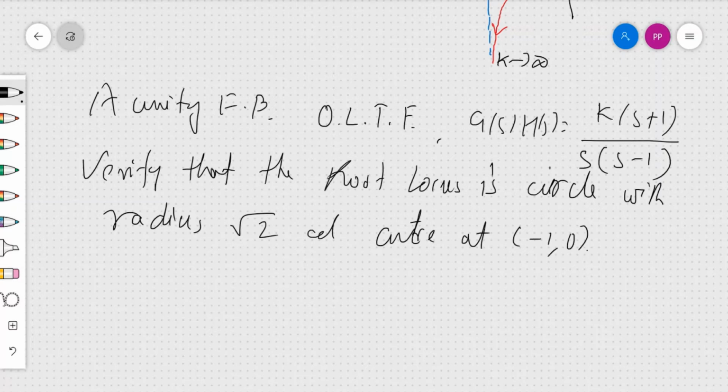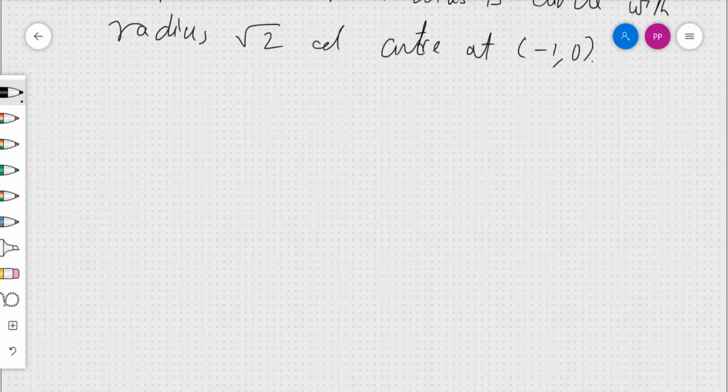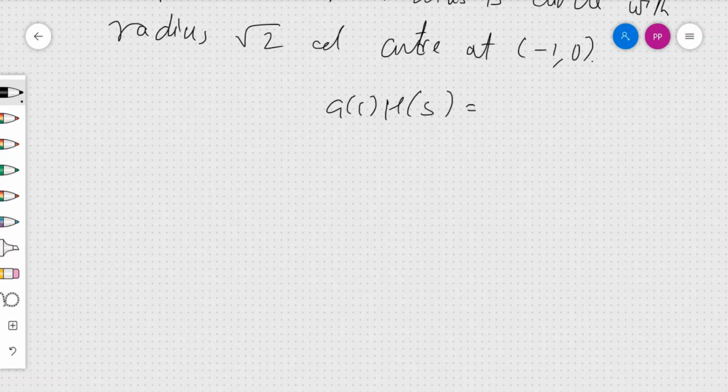So we have to follow the same construction technique of the root locus. Let us follow the construction technique of the root locus. So we have G(s)H(s) equal to capital K into (s plus 1) divided by s into (s minus 1).